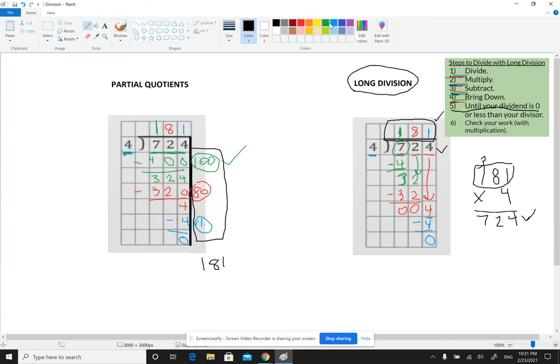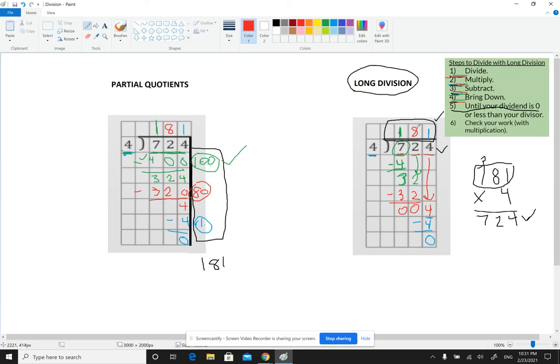And it does make sense if we kind of root it back to our partial quotients. The 1 is in the hundreds place, right? So it really is representing 100 groups of 4, which is 400. And I have this 4 in the hundreds place to show that.